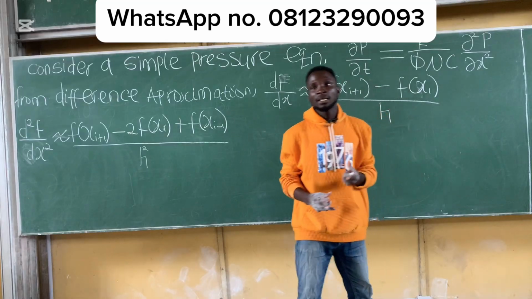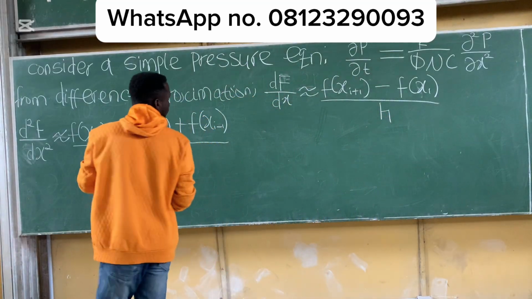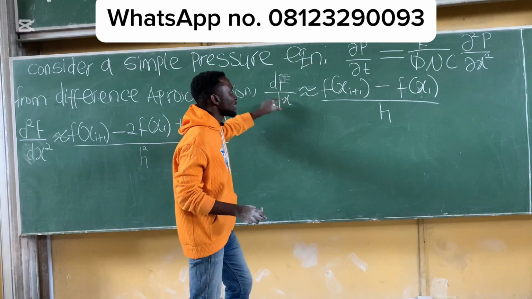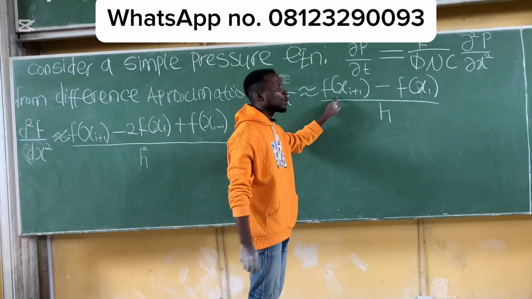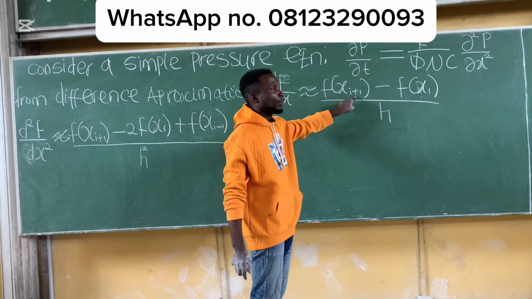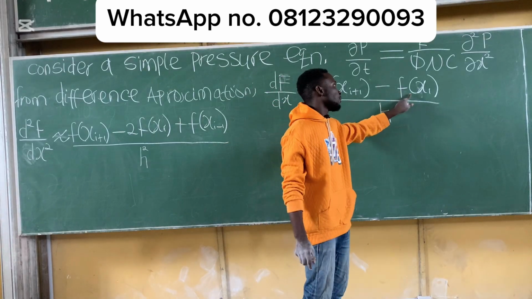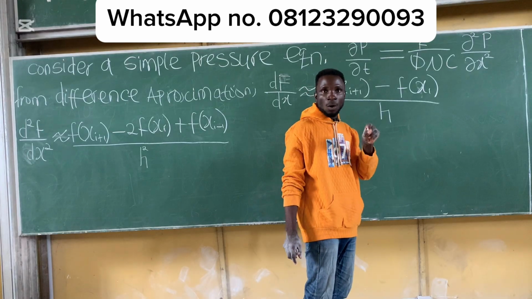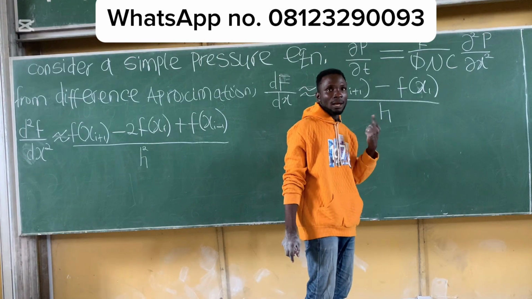Recall from our finite approximation, we said that from forward derivative, df over dx is approximately equal to f of xi plus 1 minus f of xi divided by h for the first order from forward difference approximation.